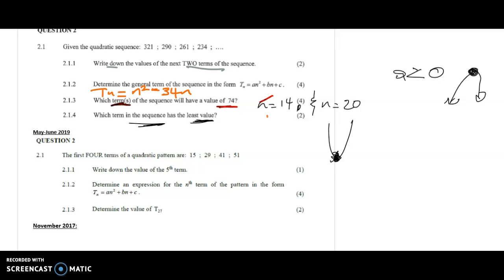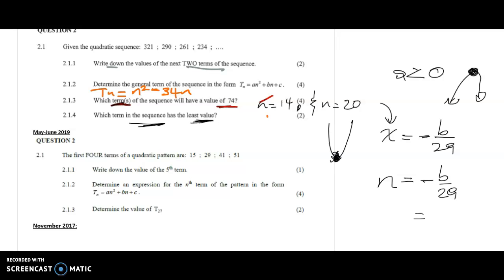You can either derive it, or you can remember when you are finding the axis of what? Of symmetry, where you said n equals negative b over 2a. Even here you can do that.